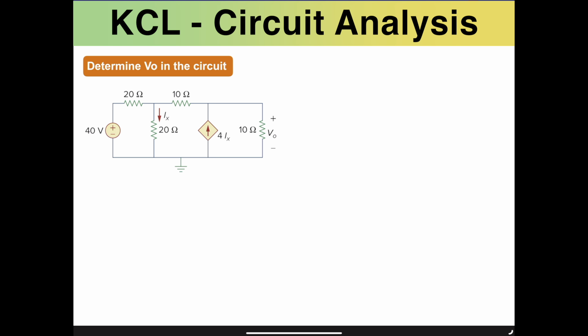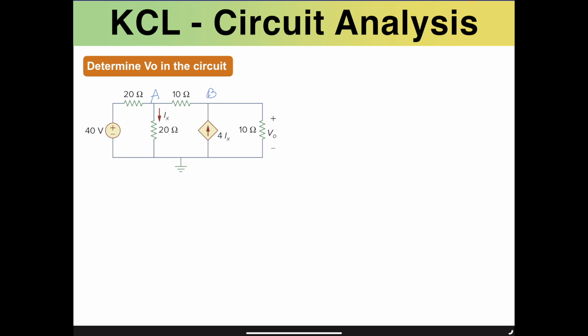When we have these nodes recognized, we just need to find the currents entering and exiting each one of them. Let's label these nodes so that it would be easier to refer to them. This node could be called A, and this one could be called B. So A and B are these two nodes that we have.